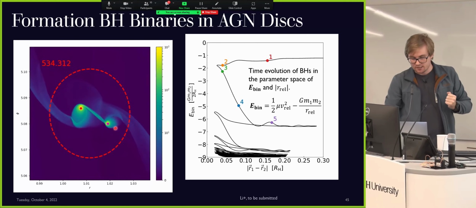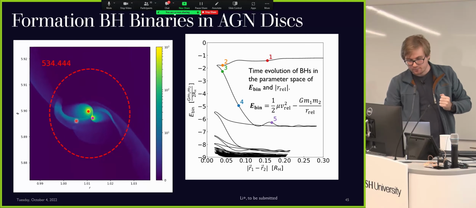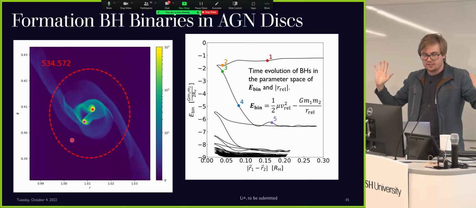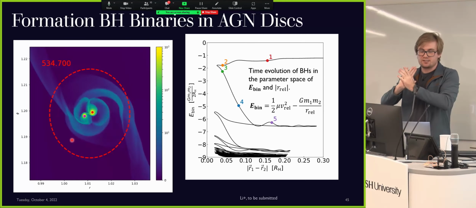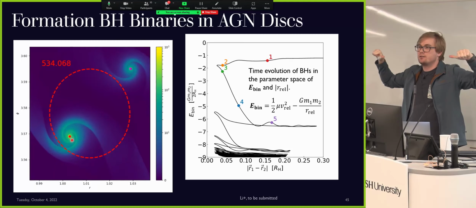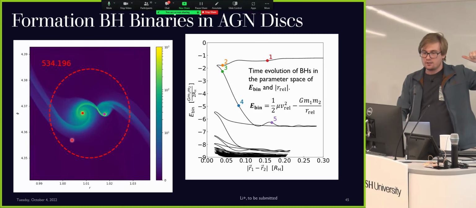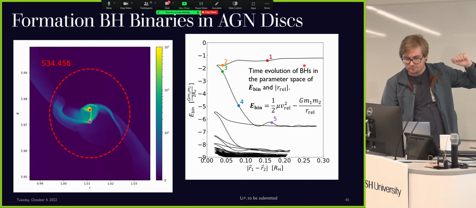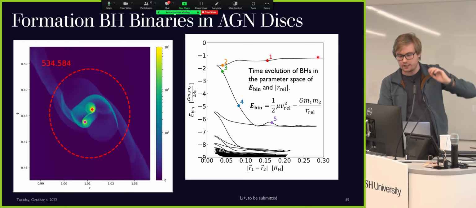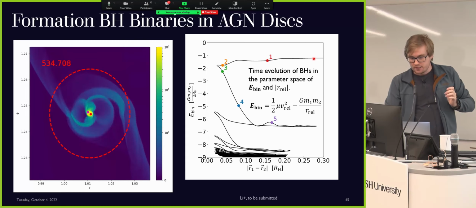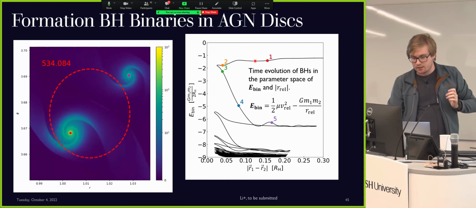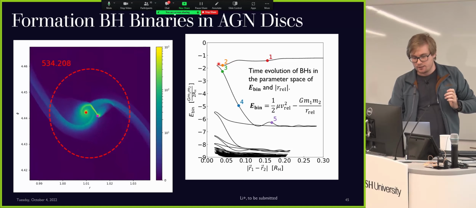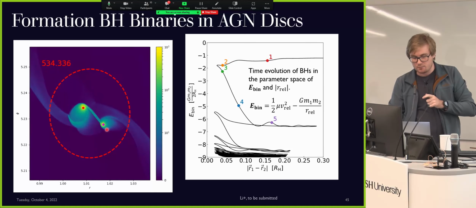But what happens is, when this replays from the beginning, when you have all of this disk material that shocks and gets stuck in the middle, it starts pulling back on the black holes. So this plot on the right here is the energy of the binary with time, the potential and the kinetic. At first, the energy is relatively conserved until the circumsingle disks here meet each other.